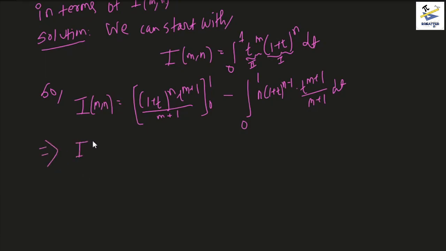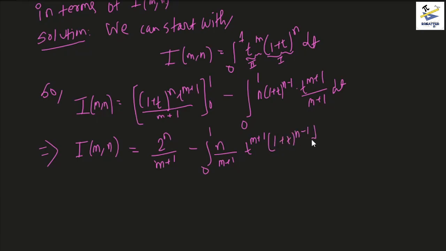I(m, n) equals, when you put in 1 here you get 2 to the power n by m plus 1, and when you put in 0 you get 0, minus the integral from 0 to 1 of n by m plus 1 into t to the power m plus 1 into (1 plus t) to the power n minus 1 dt.